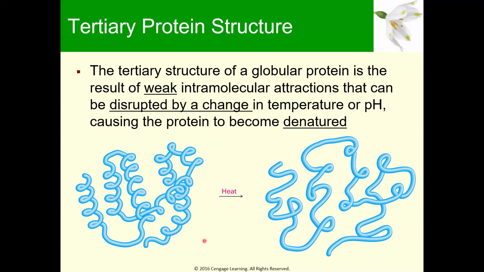But you could do it with other factors as well, like pH. So the tertiary structure of a globular protein is the result of weak intermolecular attractions that can be disrupted by a change in temperature or pH, causing the protein to become denatured. Just know that term, denatured, and know what can cause it.